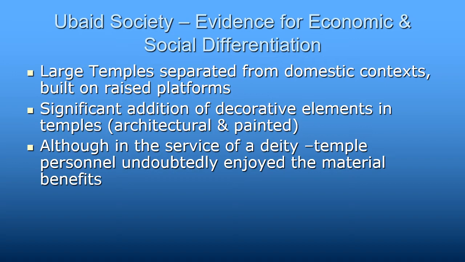They have incredible decorative features. They have more elaborately decorated painted ceramics, which have a higher intrinsic value. It could be said that when we find these things in the context of a temple, they're for the service and glory of the deity, but it can't be denied that the related personnel who are working in the temple enjoy the material benefits of these objects, because human nature.